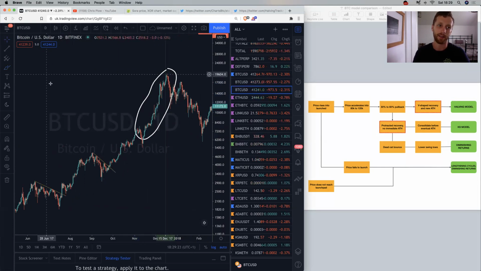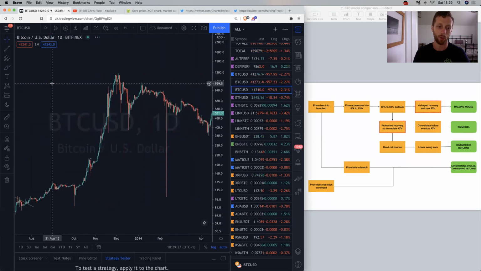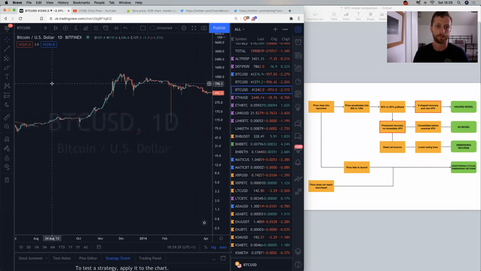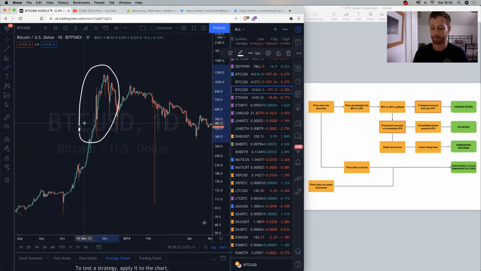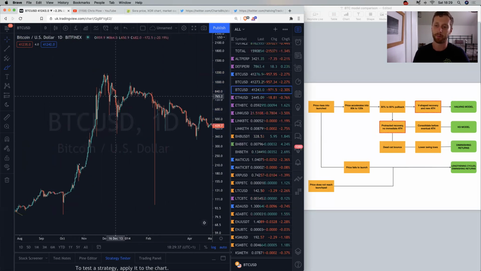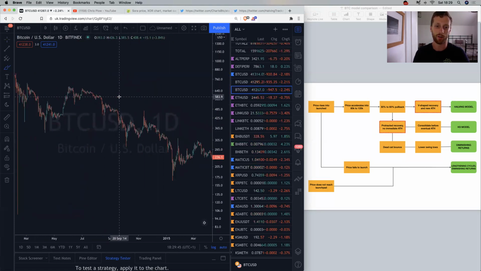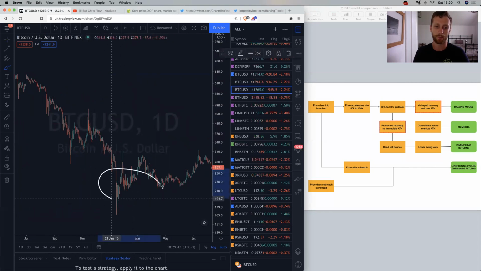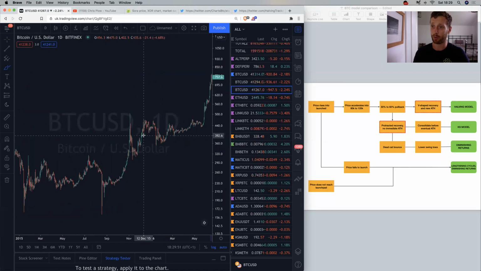And like we did in 2013, which was even more pronounced, if that happens, we're looking to take advantage of it to get more Bitcoin. Because if you manage to take some profits around the top and then reinvest around the bear market low, then you're going to end up with more Bitcoin than if you don't do it in the first place.